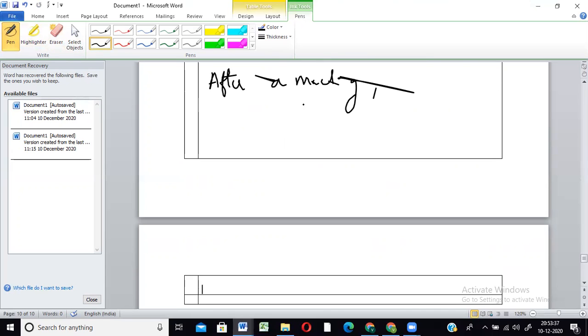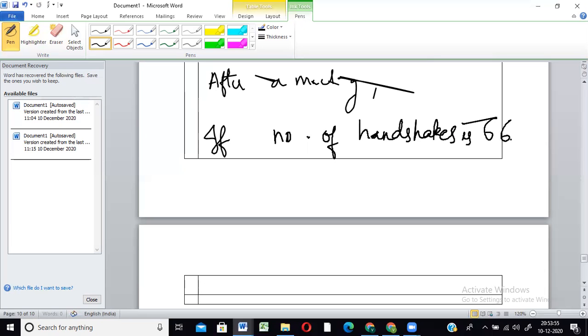If the number of handshakes is 66, you have to find out the number of participants in the meeting.